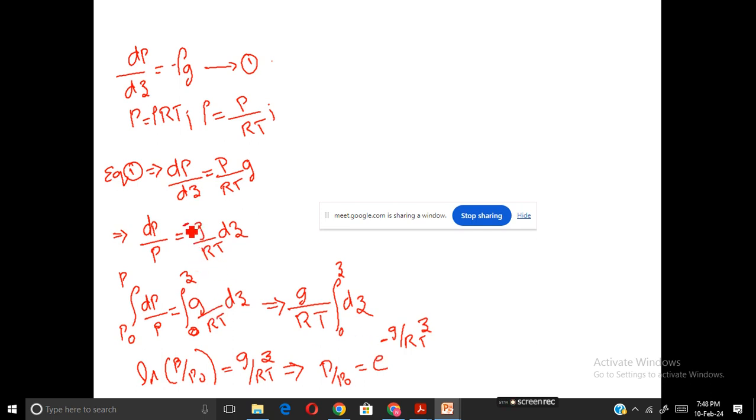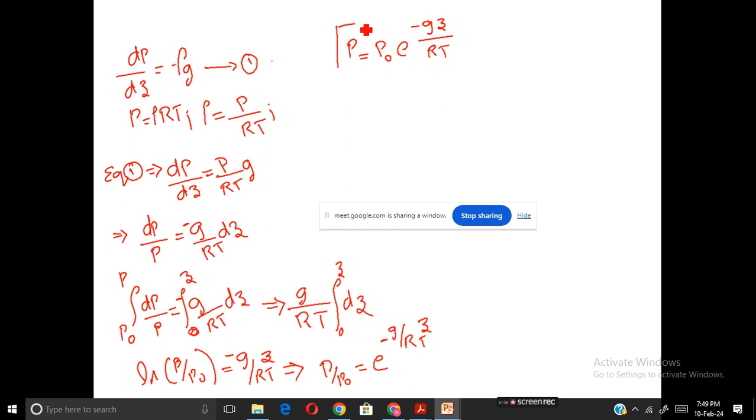So dP by P is equal to minus g by RT. So this minus will come. So P by P0 is equal to e raised to minus g by RT into z. So it's basically P is equal to P0 e raised to minus gz by RT.